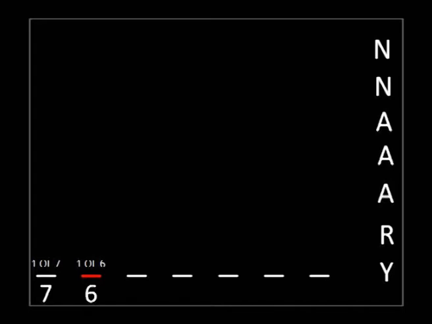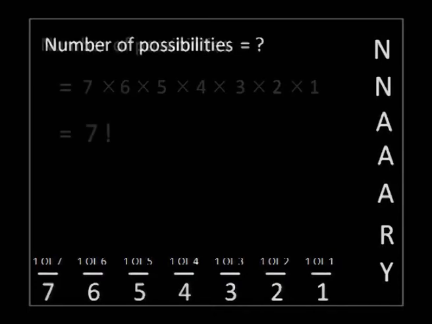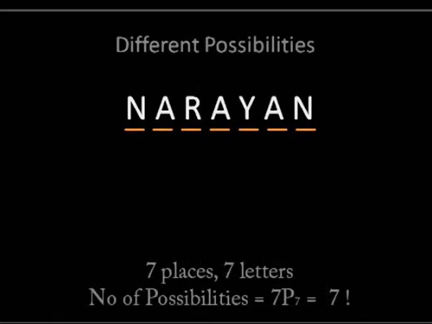Consequently, the next will be filled by 5, 4, 3, 2 and 1. So in all we have 7 factorial possibilities. At this point, we feel that there are 7 factorial different possible ways in which these 7 letters can be arranged to form a word.